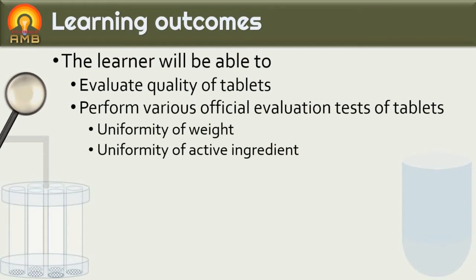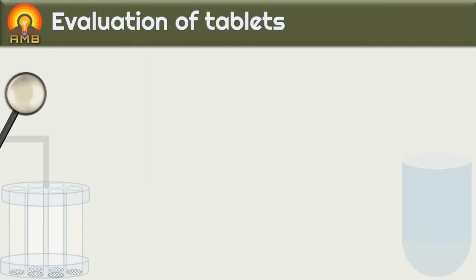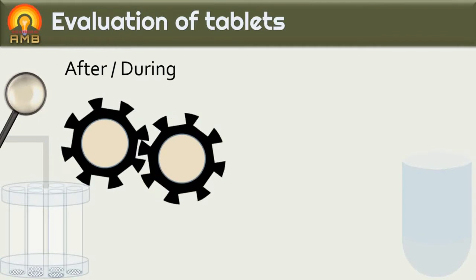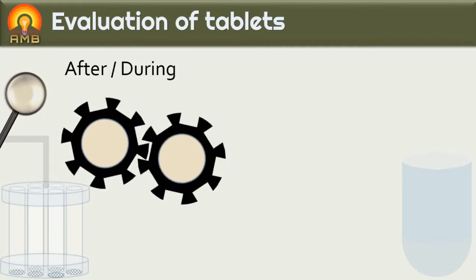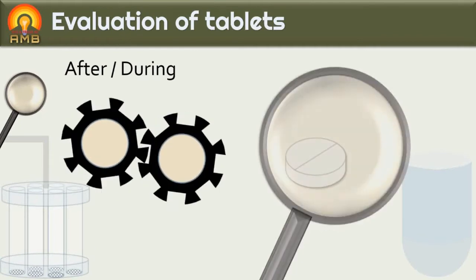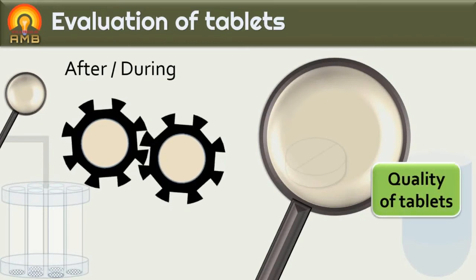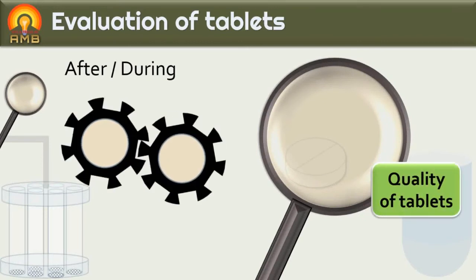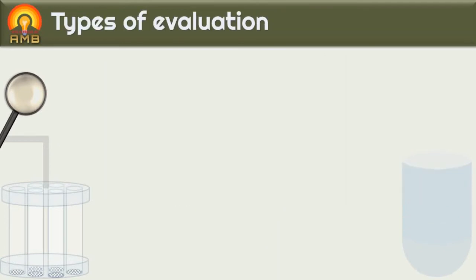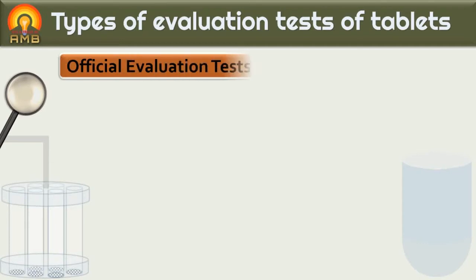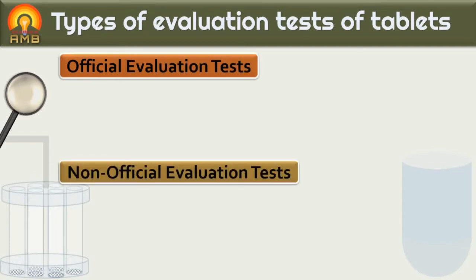Already we discussed that after manufacturing or during manufacturing of tablets, tablets are evaluated by quality control tests to check and maintain the quality of the tablets. We also discussed that there are two types of evaluation tests for tablets: official evaluation tests and non-official evaluation tests.